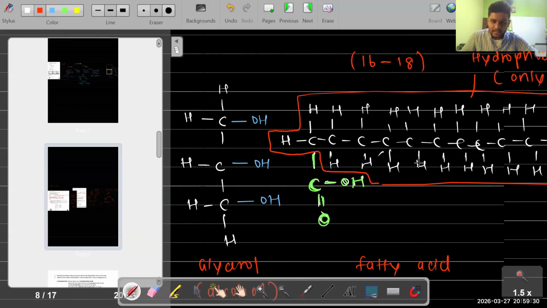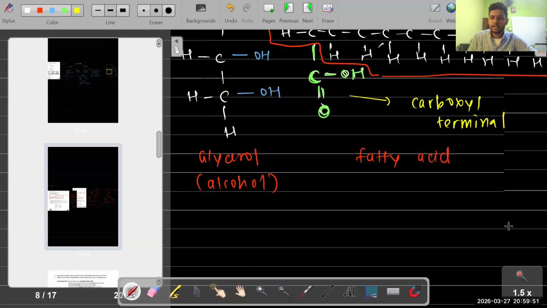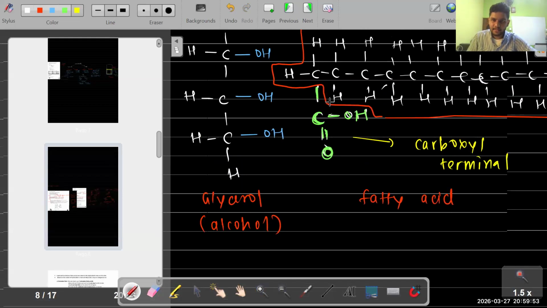Right. This green color part, wait, I'll give another color. This is called the carboxyl terminal. It is attached at one end.